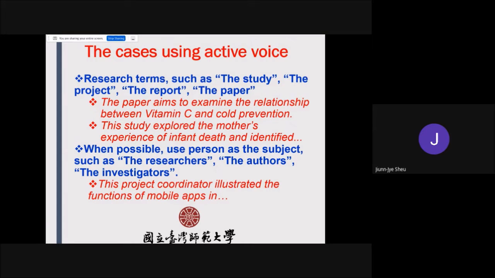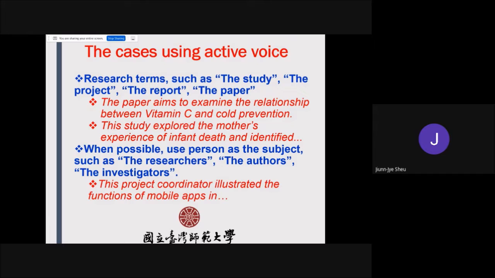And others such as the study, the subject, the report, or the paper can be the subject of your sentence. So the two simple sentences start from the paper or this study. The first one states the paper aims to examine the relationship between vitamin C and cold prevention. And the second sentence is the study explored.